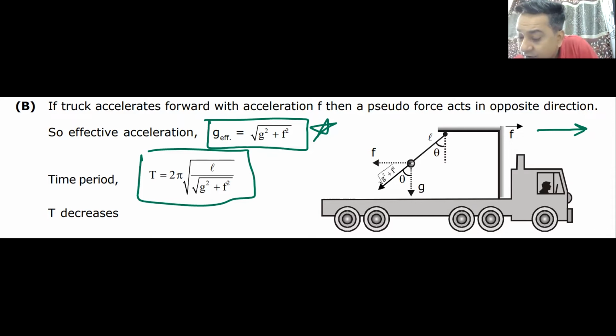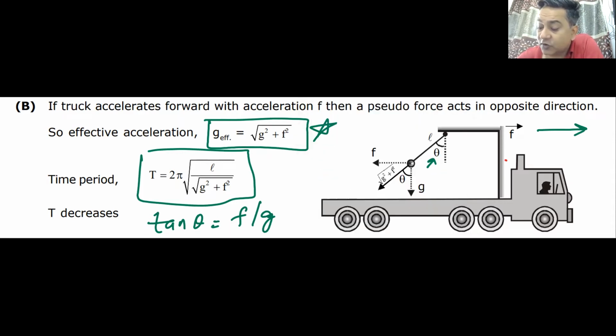Remember, the angle with the vertical at equilibrium also changes, and tan of this equilibrium angle is F, the acceleration, divided by g. If the truck was moving on the other side, the deflection would have come on that side of the motion. Do we understand this?